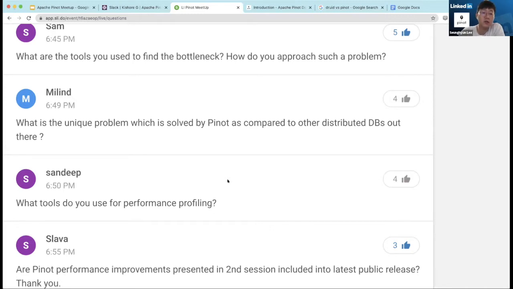If the server is the bottleneck, then is the real-time server or the offline server the problem? Then I look at all the performance metrics to see if I can find some issues appearing. Otherwise, if we cannot find any information from the metrics, then we usually run YourKit to profile the low-level operations and see what's happening.